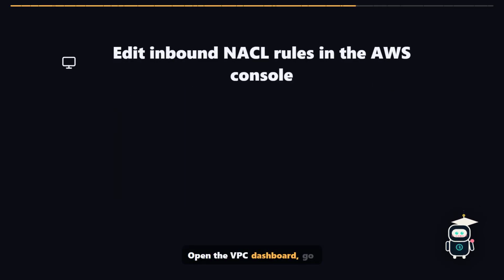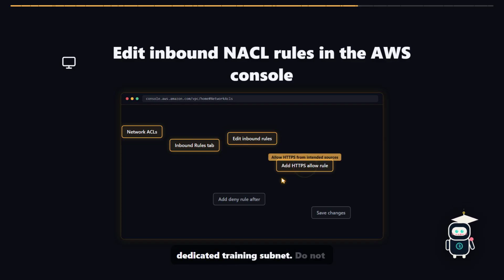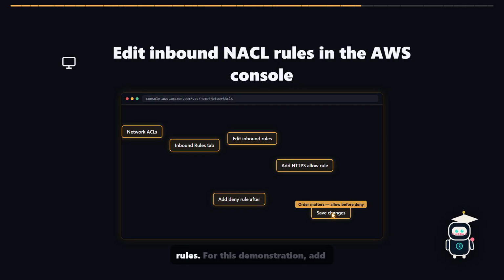Open the VPC dashboard, go to Network ACLs, and select the ACL attached to a dedicated training subnet. Do not begin by editing a shared or production NACL, and record the existing rules before you change anything. On the Inbound Rules tab, click Edit Inbound Rules. For this demonstration, add Rule 100 to deny TCP port 443 from your test IP address. Then add Rule 200 to allow TCP port 443 from the intended sources.